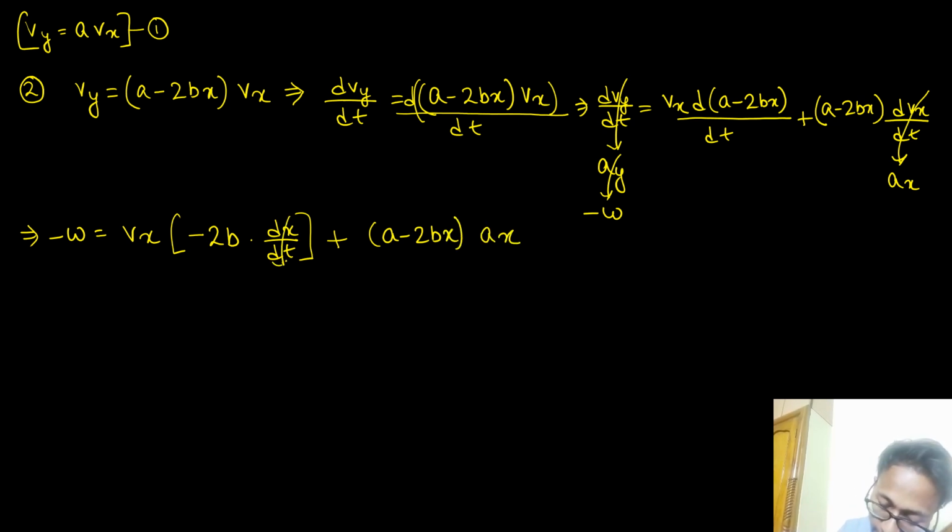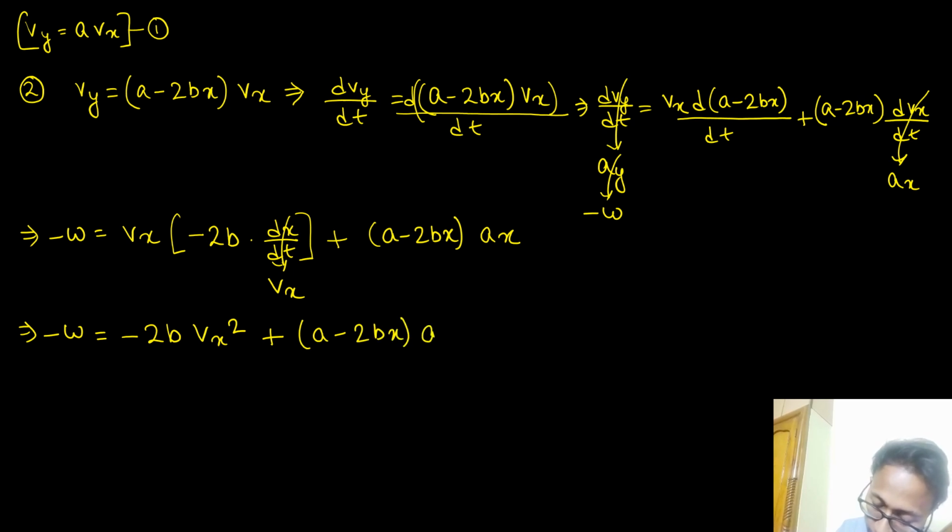And what is dx by dt? It is nothing but vx. So minus w is equals to vx into minus 2b vx, that is minus 2b vx square, plus (a minus 2bx) into ax.